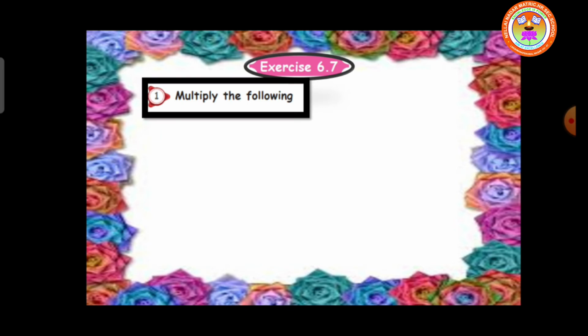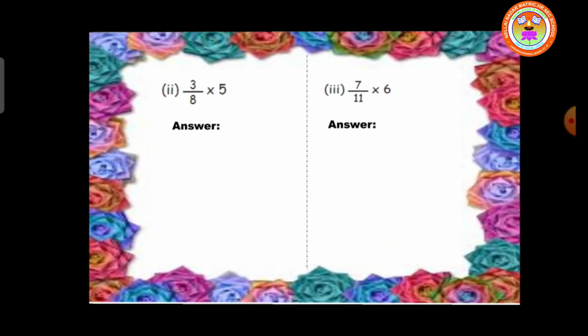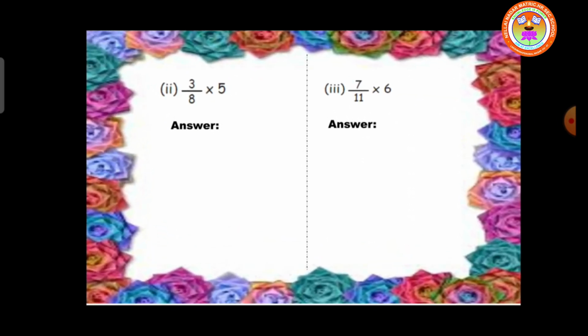Next, exercise 6.7. Multiply the following. 1 by 7 into 4. Answer. 1 by 7 into 4 is equal to 1 into 4, that is 4 by 7. Next, 3 by 8 into 5.